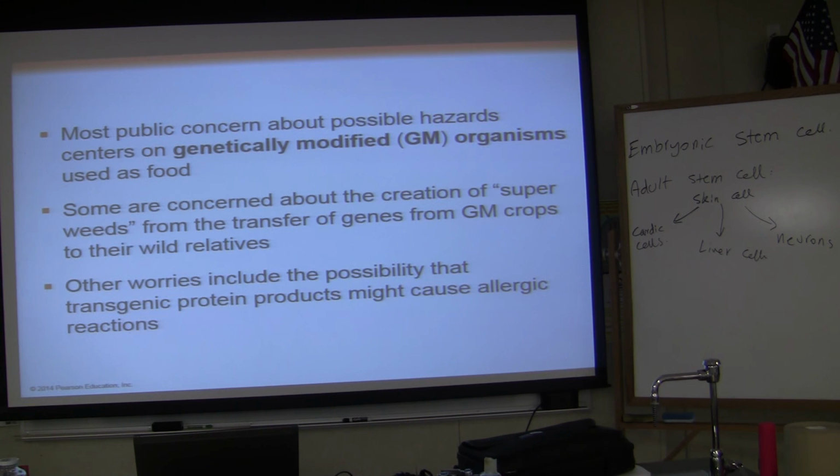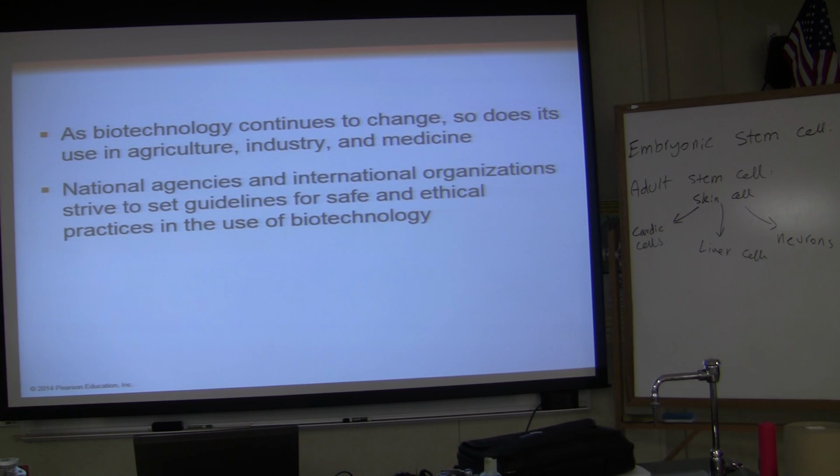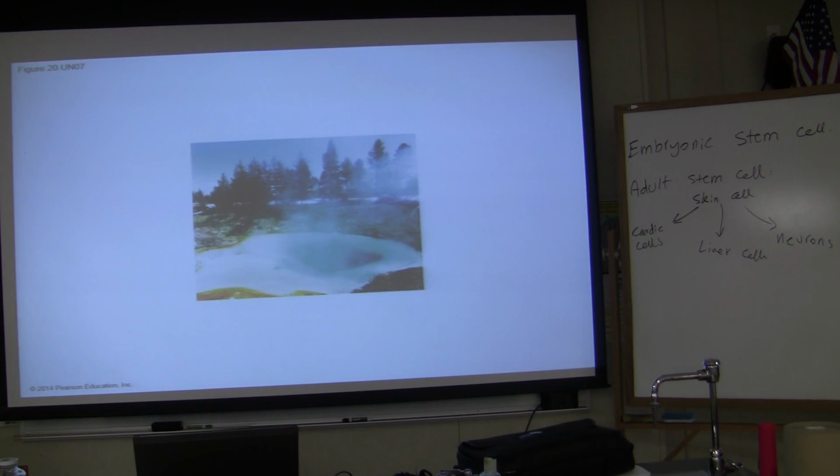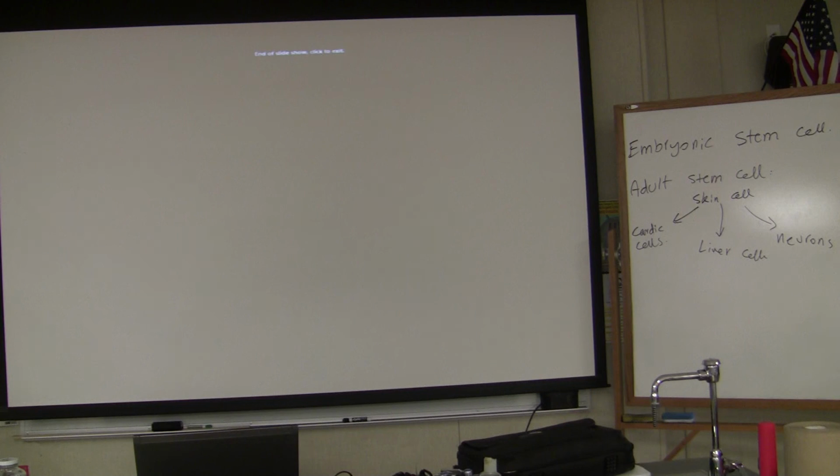So we are eating them and we don't know, they have not been around for a long time, so we don't know their effect. As biotechnology continues to change, so does its use in agriculture, industry, and medicine. National agencies and international organizations strive to set guidelines for safe and ethical practices in the use of biotechnology.